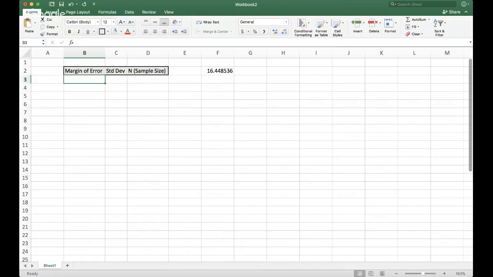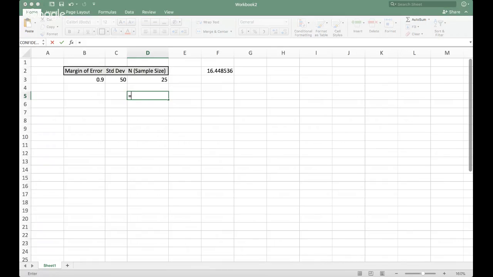The other way we can do it is by hand as well, right? So our standard deviation is 50, and sample size 25. Okay, so who wants to go over the equation real quick? The equation is, I have it in here somewhere.